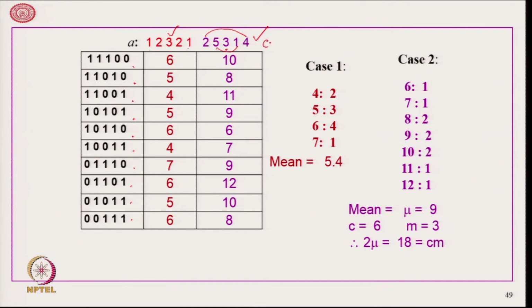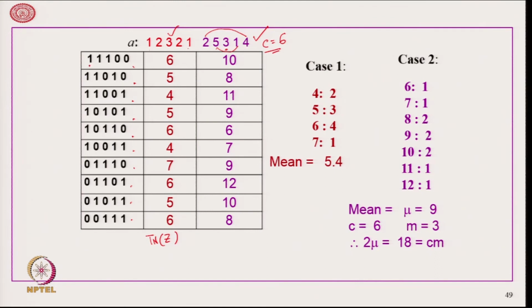So, in this case C is equal to 6. Now, if we calculate the value of T n Z, this is coming out to be, in this case, 6, 5, 4, 5, 6, 4, 7, 6, 5, 6. This you can easily calculate.